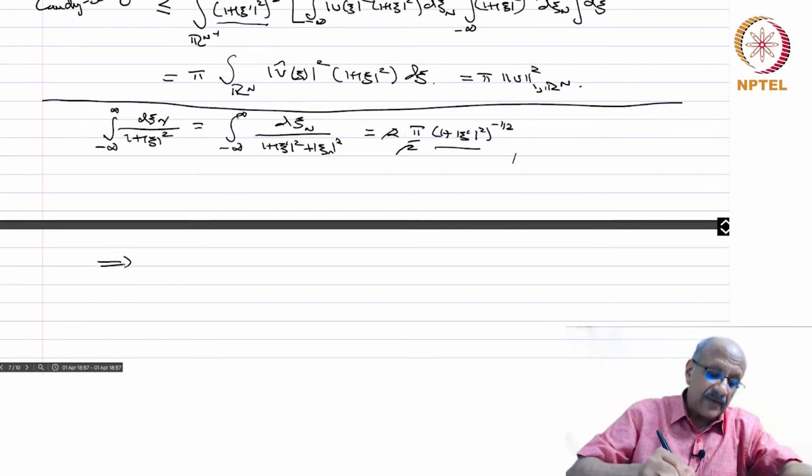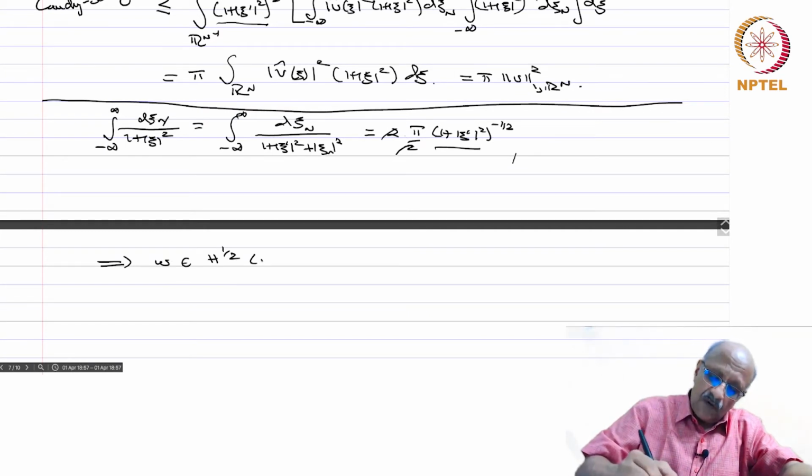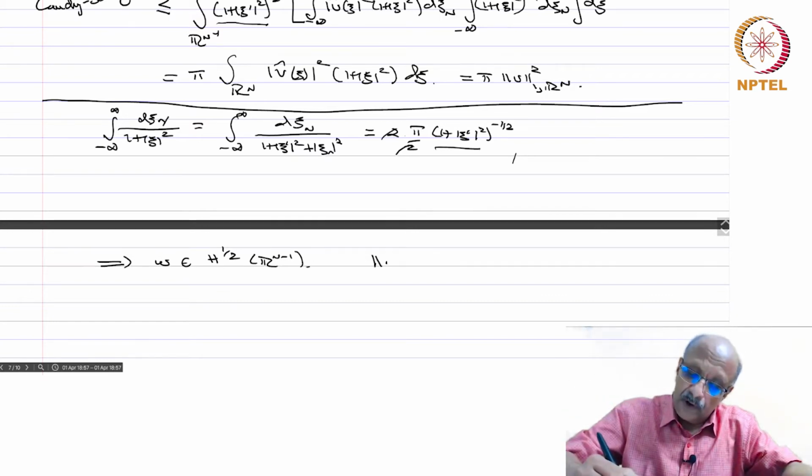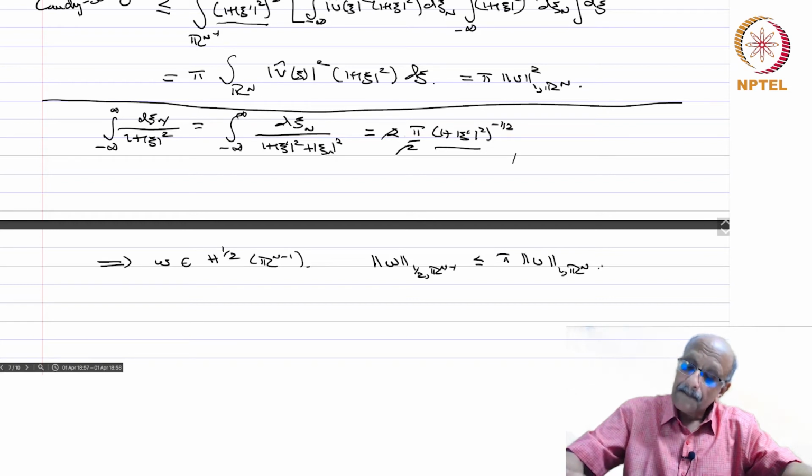So this implies that W belongs to H half of Rn minus 1. Okay, and you have norm W in H half Rn minus 1 is less than or equal to pi times norm V in H1 Rn, and this is for V in D of Rn.